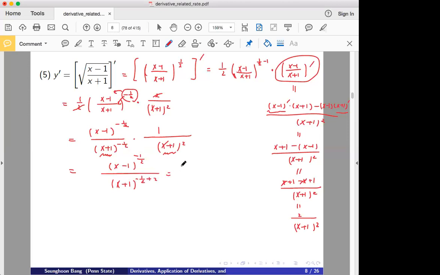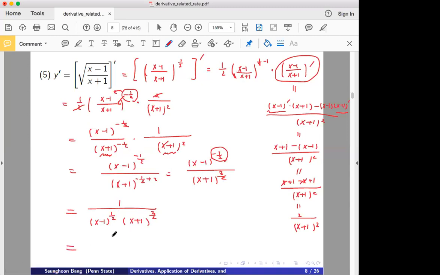This is the same as (x minus 1) to the power minus 1/2 over (x plus 1) to the power 3 over 2. This is not final. You can change the negative exponent to a positive exponent. How can you change it? It goes down. Keep 1 on top, and the bottom has (x minus 1) to the power 1/2, (x plus 1) to the power 3 over 2.